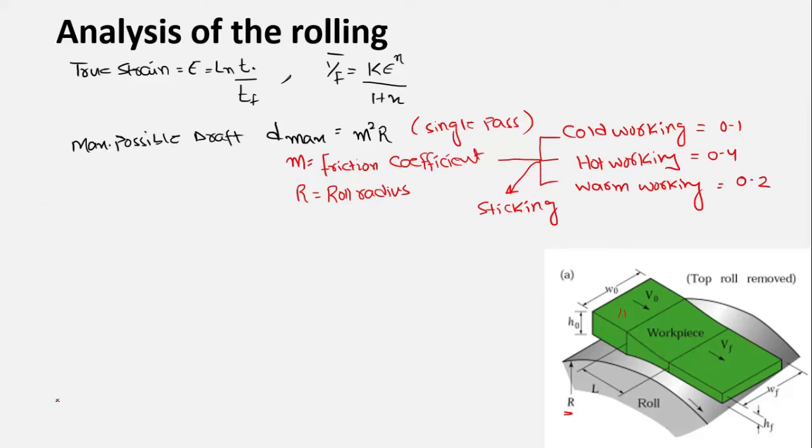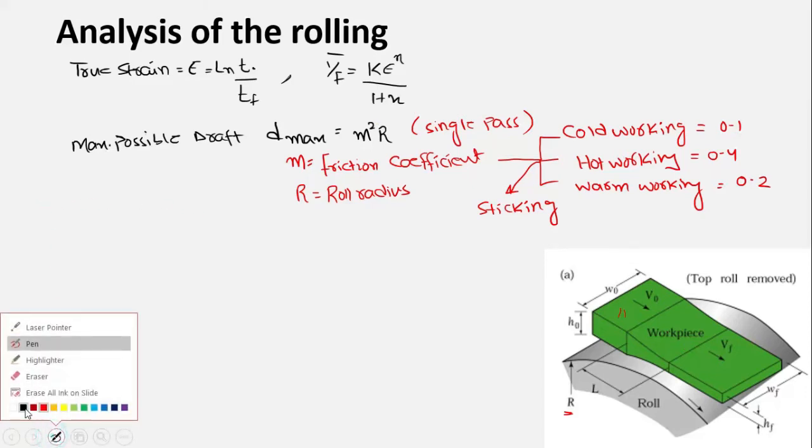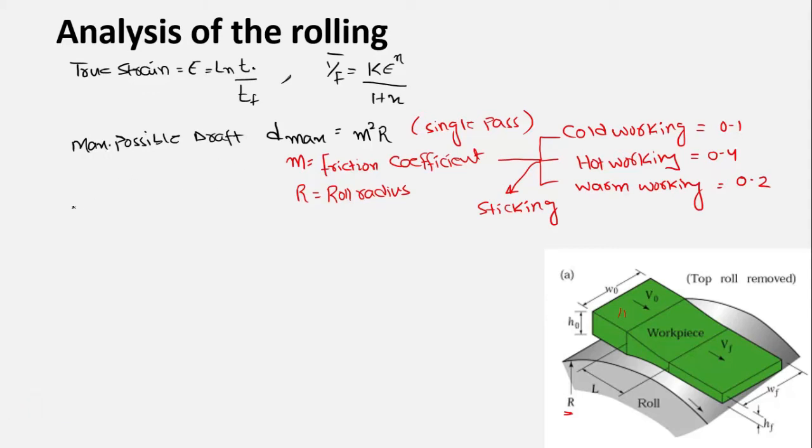So the rolling force would be equal to the average flow stress times the area, that is, flow stress into the width into the length.